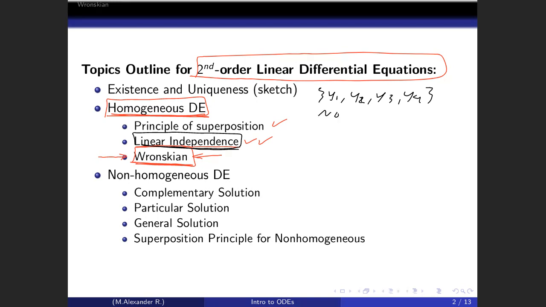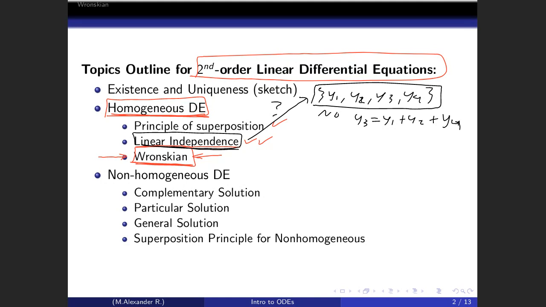We saw that y3 was a linear combination of the other ones, I believe it was y1 plus y2 plus y4. So if you are able to write down one of the y functions as a linear combination of the other y functions, then this collection of functions is not linearly independent. It is linearly dependent.